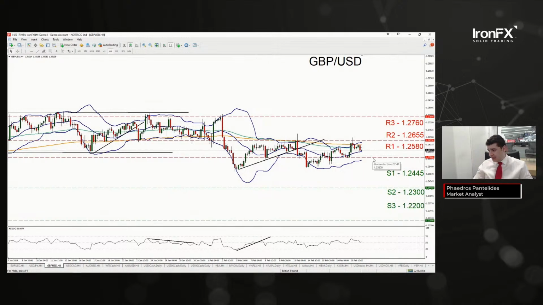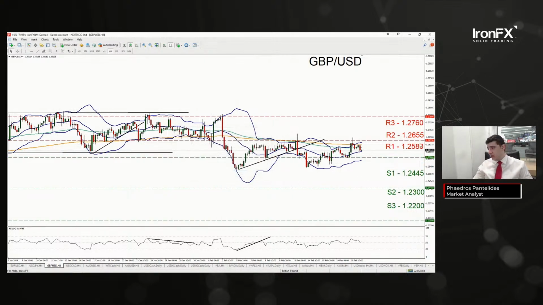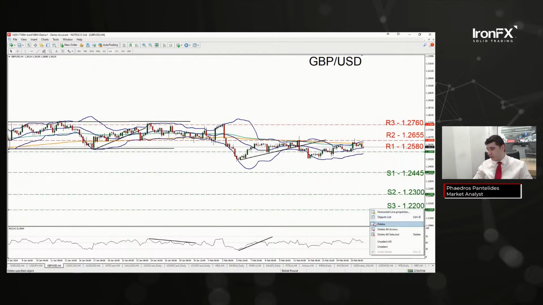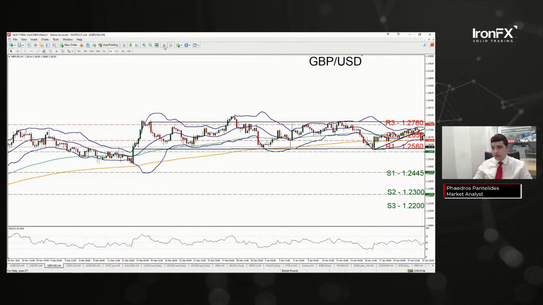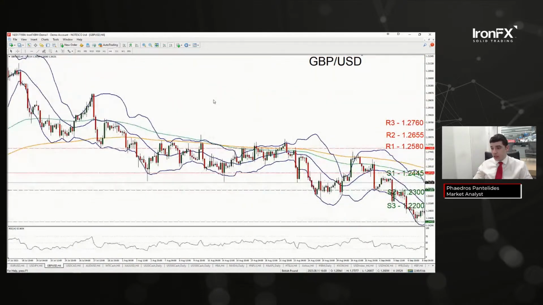Moving on to cable. So it's broken above R1, failed to break above R2, so this immediately would become S1. And then I'll keep S2 and S3 the same. I'll remove the old S3. Then I'd need my new R3. Let's look at this point in time.